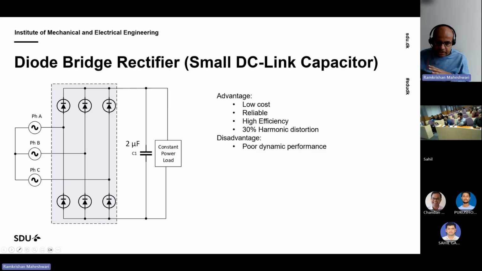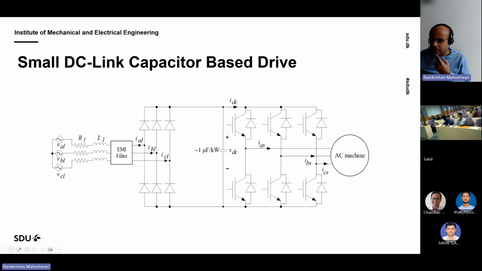So this limits the application of such a system to low performance drives. And then we talk about a system like this. We use approximately 1 microfarad per kilowatt, and it is feeding the electric drive.